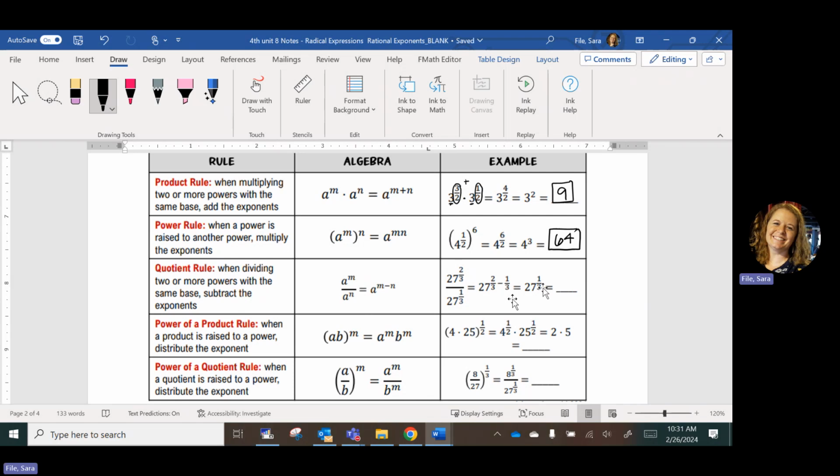The cube root, right? So if you need to think of this as the cube root of 27, that means the same thing. 27 to the 1/3 power or the cube root of 27. What is the cube root of 27? What do you think it is?